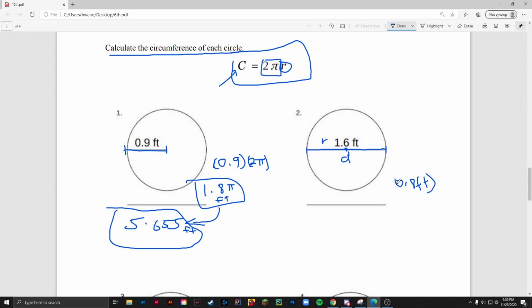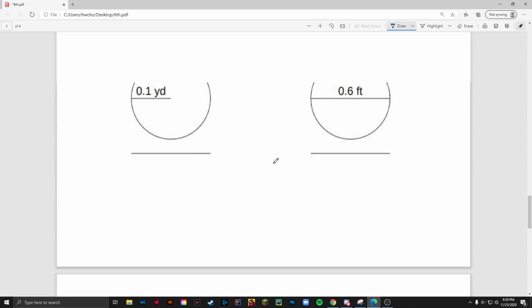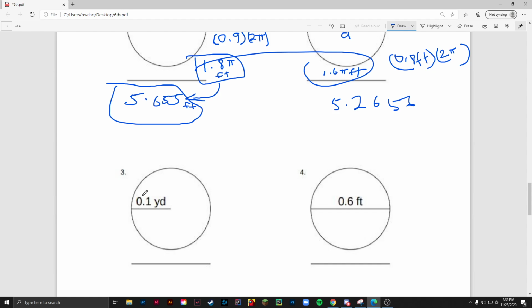That times 2 pi, and then you get 1.6 pi feet. And that's going to be your answer for this one. And if you want to multiply it out, I guess it's 5.026656 feet.